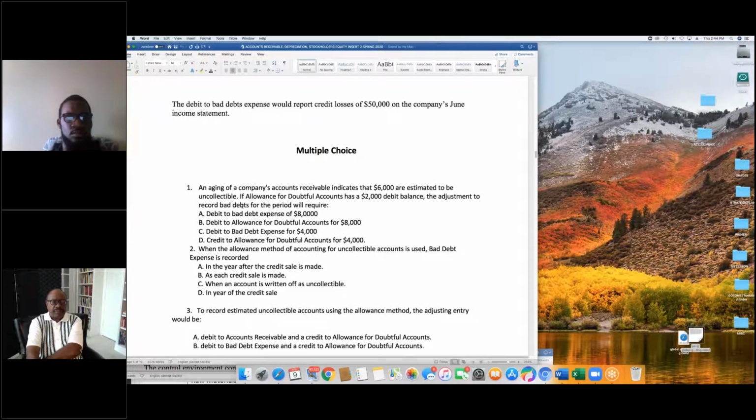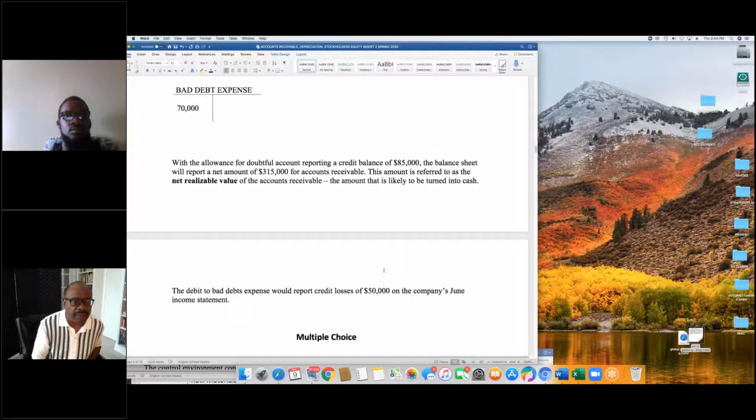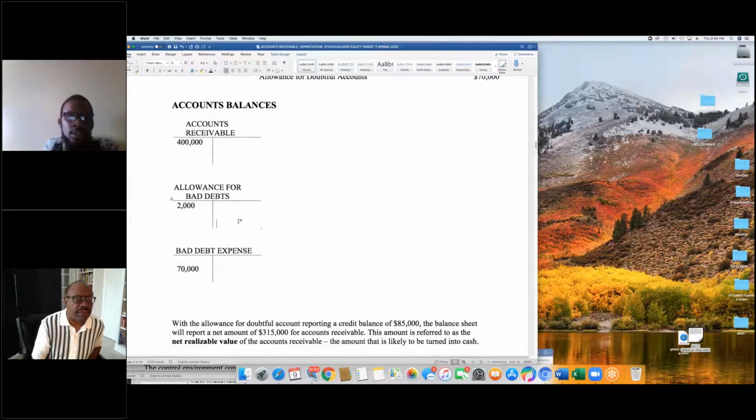So what this problem says is, there's a debit balance of 2,000. And it says the balance is supposed to be what? 6,000.